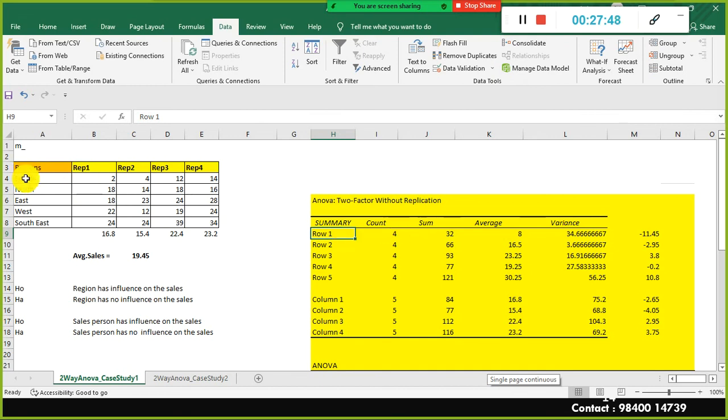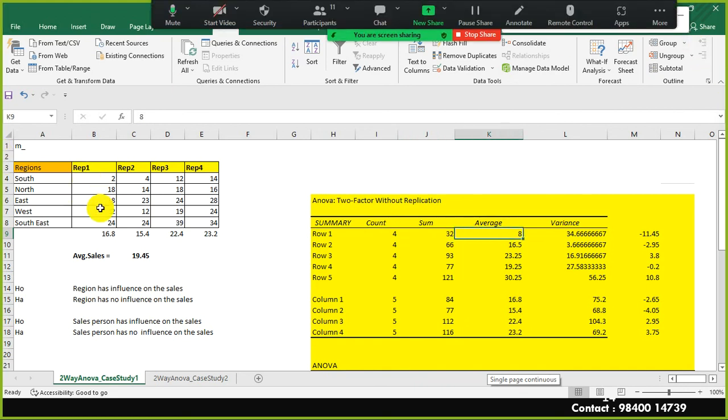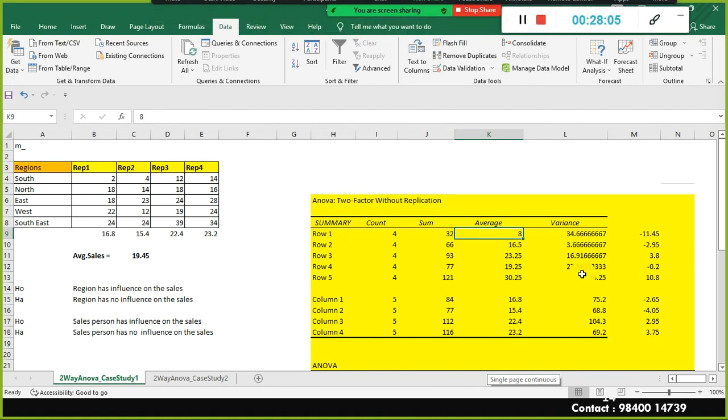So in the south region, how many columns are there? 4 columns are there. So what is the total sales value here? You need to add all, it adds all the values. See, it is very simple. Click on data analysis, select all the values. It gives you the table like this, right? What is there not to understand? These rows are related to regions, the columns are related to, that's all.